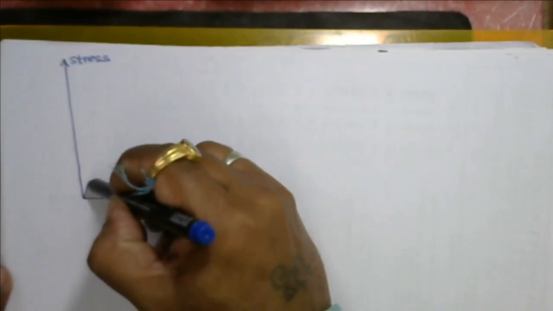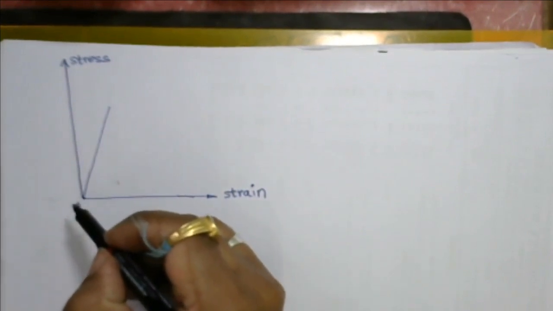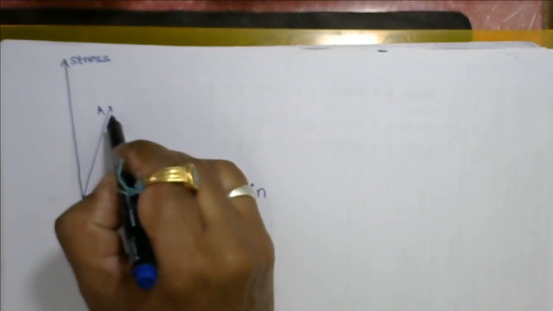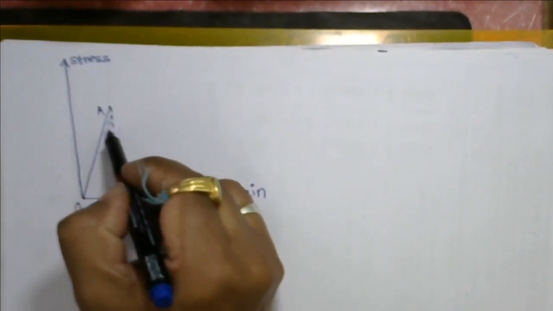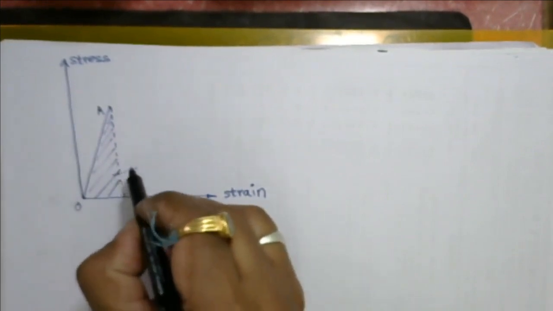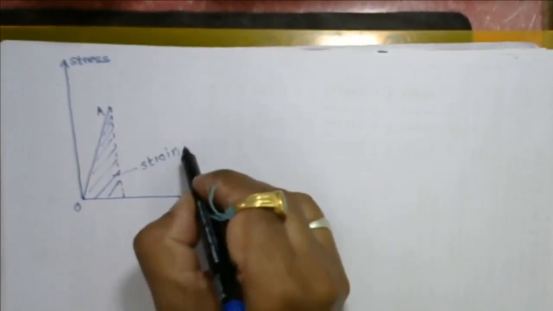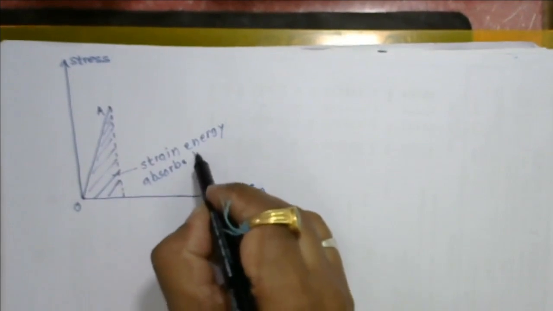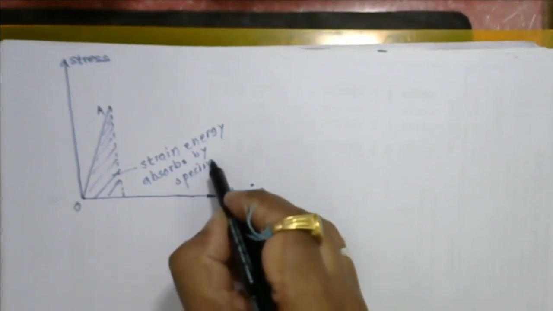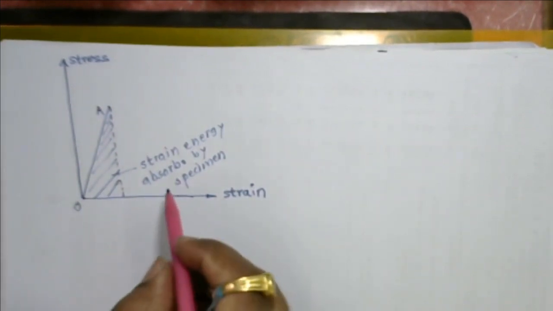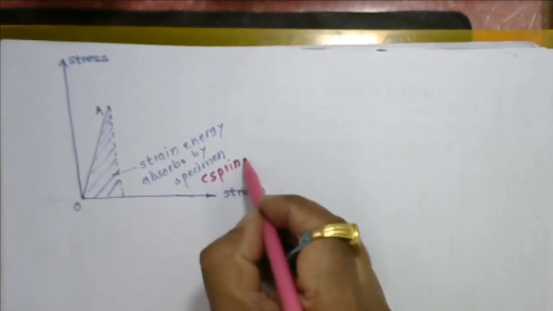Initially we have seen from point O to A is the proportional limit, and if we take the area under this curve, this gives the strain energy absorbed by the specimen. Here the specimen behaves like a spring.